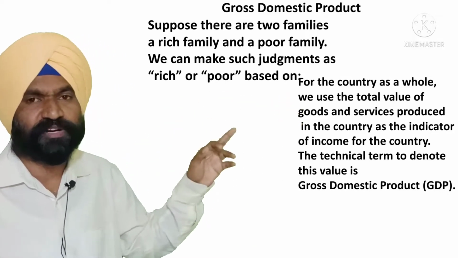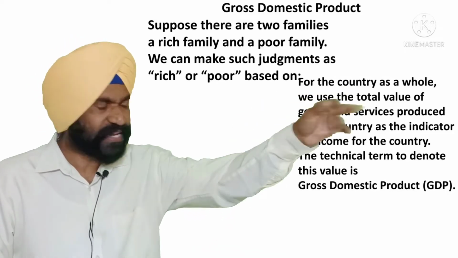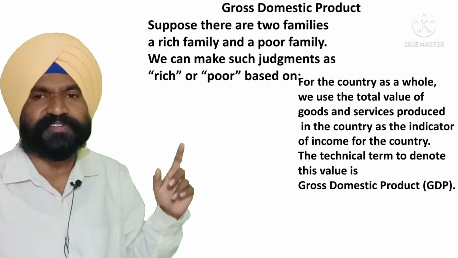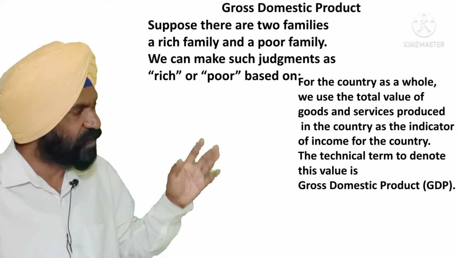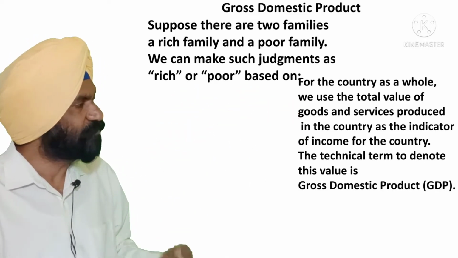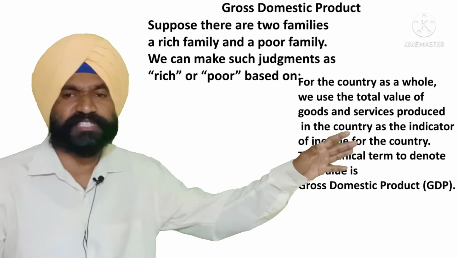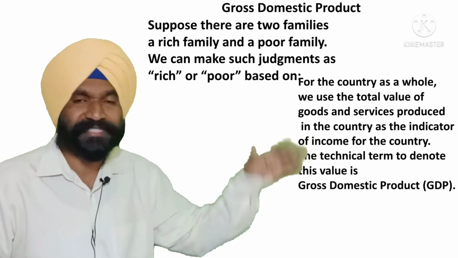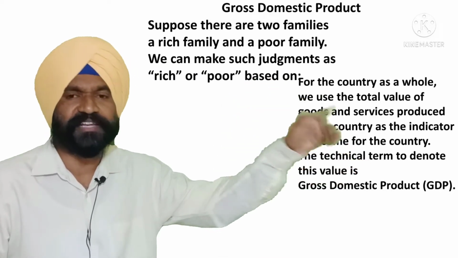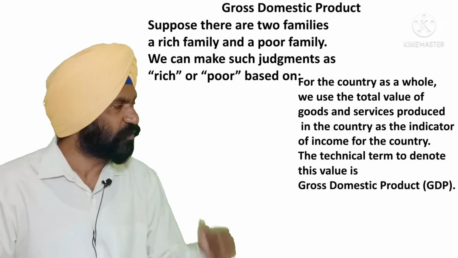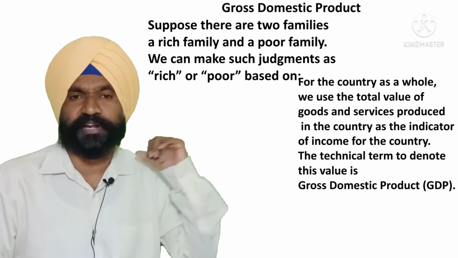First of all, we have to understand this. For the country as a whole, we use the total value of the goods and services produced in the country. It is an indicator of income for the country. The total amount of goods and services produced in a country is the indicator of income of that country. Now for this we use the technical term gross domestic product.